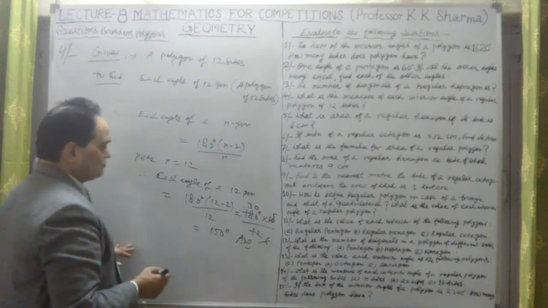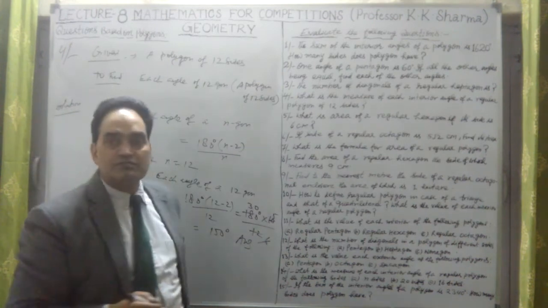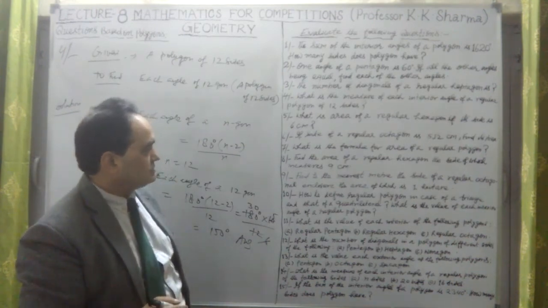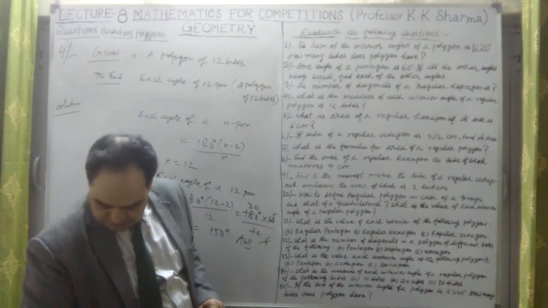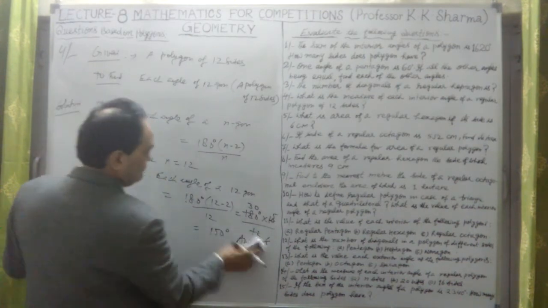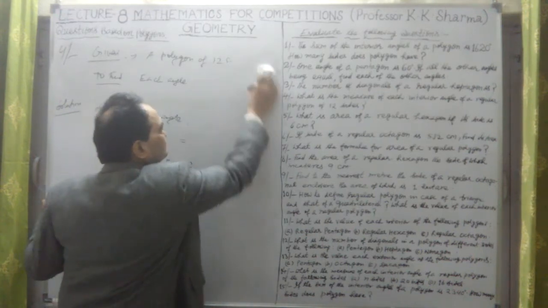Hence the answer is 150 degree: each angle of a polygon of 12 sides is 150 degree. So question number 4 we have completed. Now let me talk about question number 5.